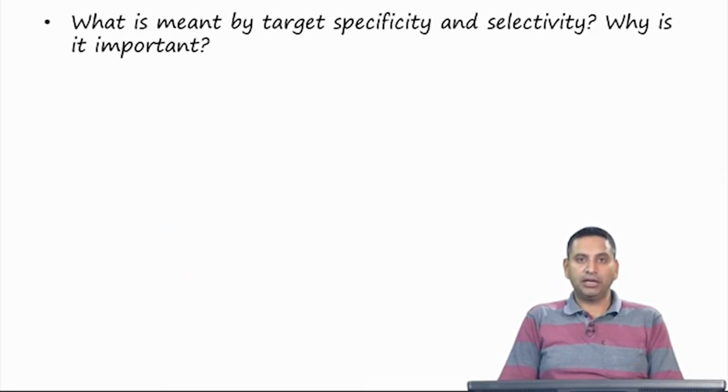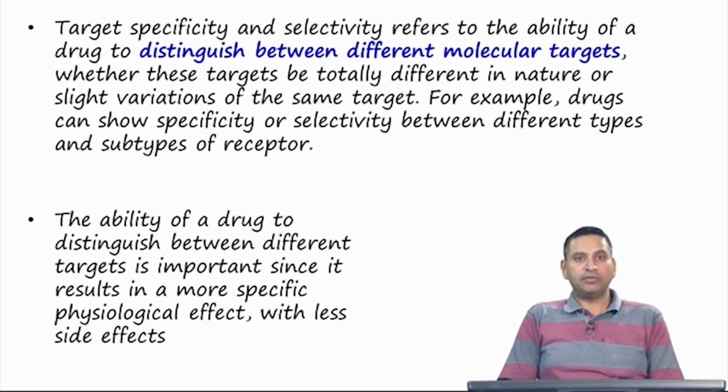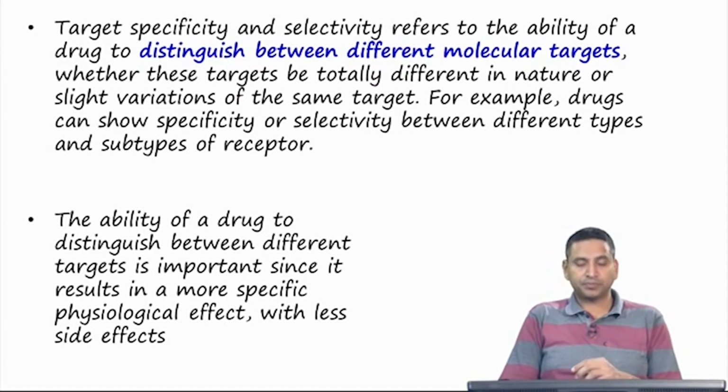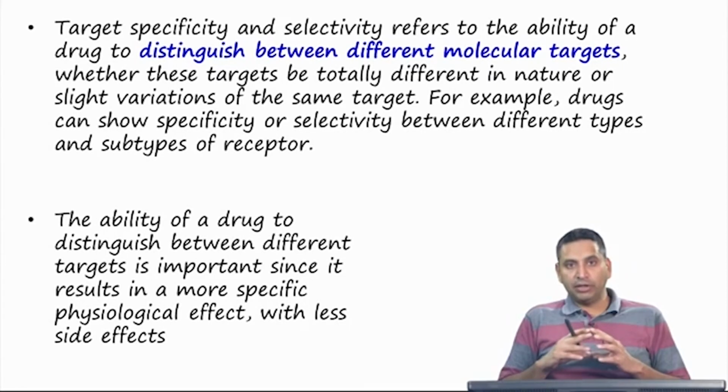What is meant by target specificity and selectivity, and why is it important? So, this again is something that we did in class, so we will repeat it here. Target specificity and selectivity refers to the ability of a drug to distinguish between different molecular targets, and whether these targets can be totally different in nature or they can be slight variations of the same target.